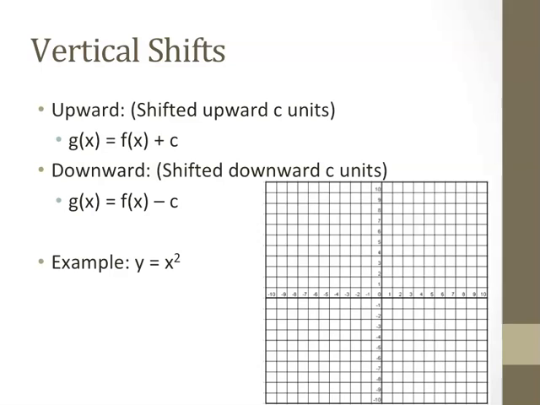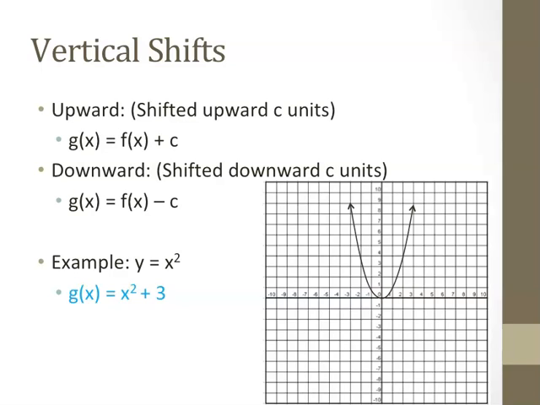Now, if we were to transform this by shifting it up or down, let's say, for example, we had x squared plus 3. Notice that the plus 3 is outside and after the parent function x squared. So that indicates this is going to be the function x squared shifted up by 3.